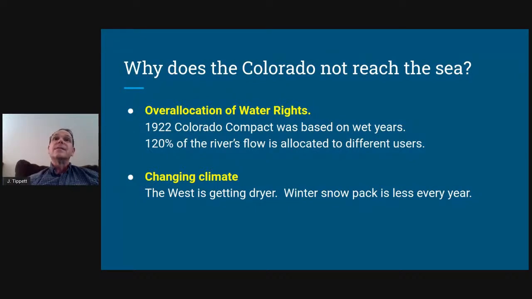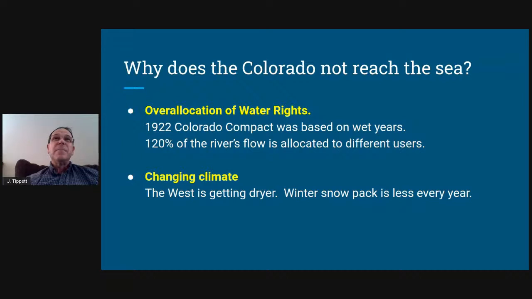They didn't know that at the time. So the river was over-allocated. In other words, they allocated 120% of the river's typical flow.